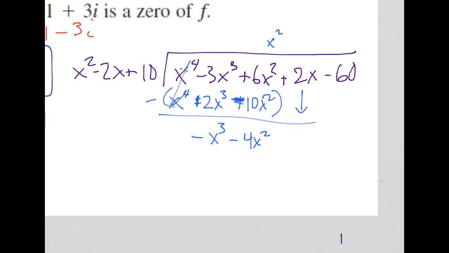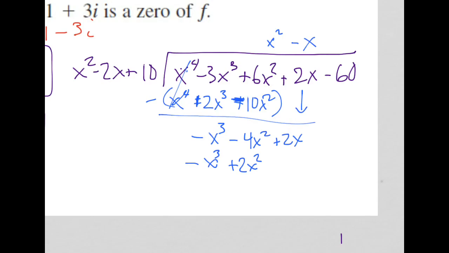Now drop that 2x down and play the game again. X squared times negative x will give you negative x cubed, so I'm going to get a negative x term up here in my quotient. Negative x times x squared is negative x cubed. Negative x times negative 2x is a positive 2x squared.